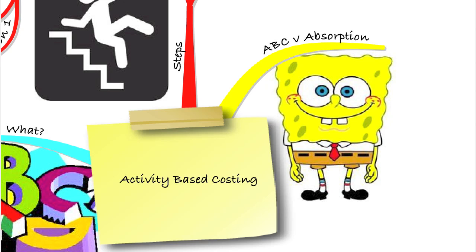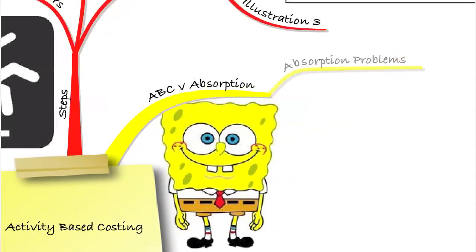Remember, we said that we're trying to allocate out the overhead cost per unit. Well, the simple way to do that is using absorption costing that you'll have met in previous studies. We are making that a little bit more complicated because we've got a complex production line. So we need ABC to share out those costs. Let's see why that might be the case, or why this might be a good idea.